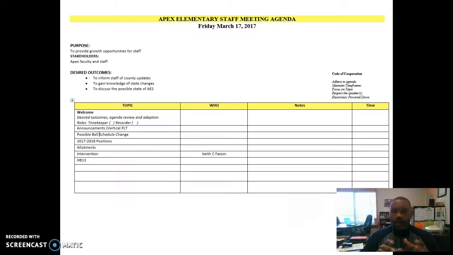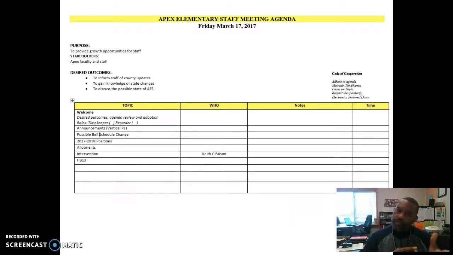Intervention months are allotted based on, I don't know what the formula was before, but what we're moving to is the county will look at the kindergarten through 5th grade M-class data and EOGs, 3, 4, and 5 EOGs, to determine the number of intervention months that a school will get.